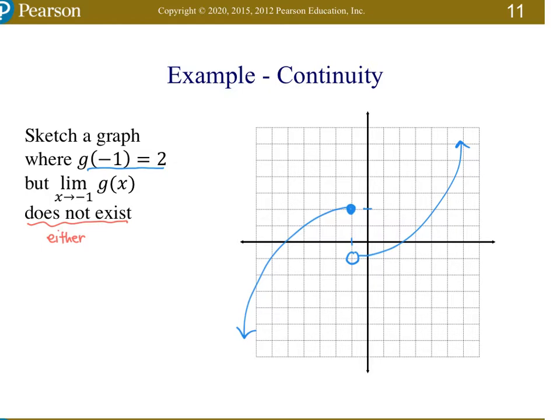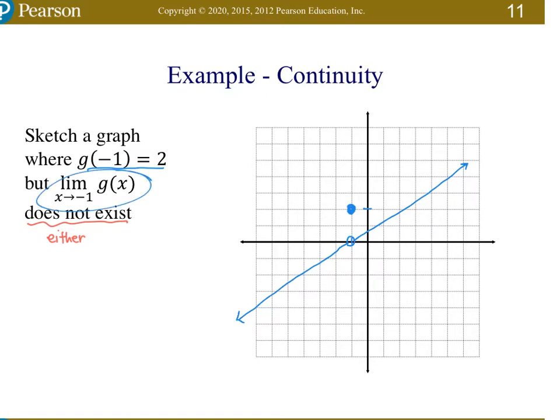So that could be a sample of how it could go. Someone else may have drawn it differently. Other options we could have would be where we totally miss that point altogether. We could have a graph that comes up and has an open circle and then goes beyond. Okay, now would that work? No, this does not work because this limit exists in this one.